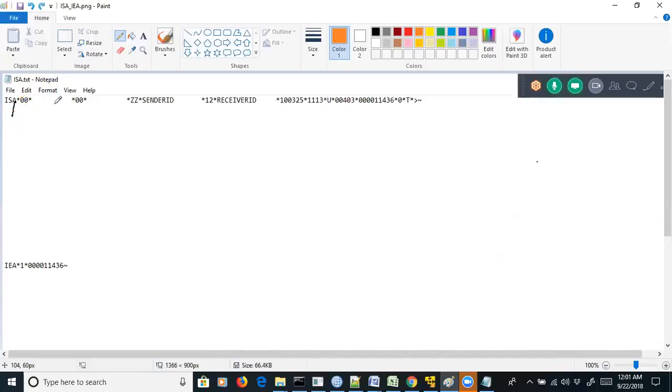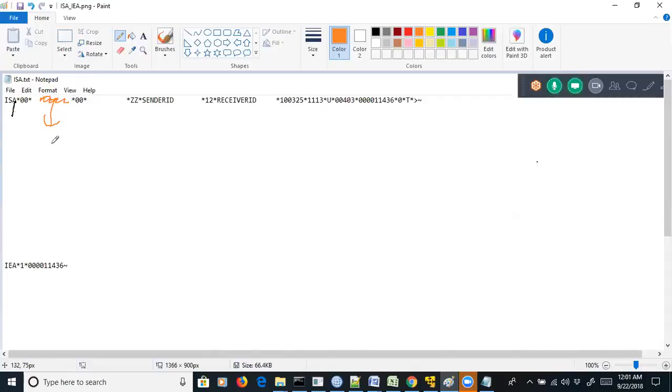So if you remember this, the second element is nothing but your authorization information. Now authorization information can be of any type. It can be your user ID, it can be your RSA token, something like that.